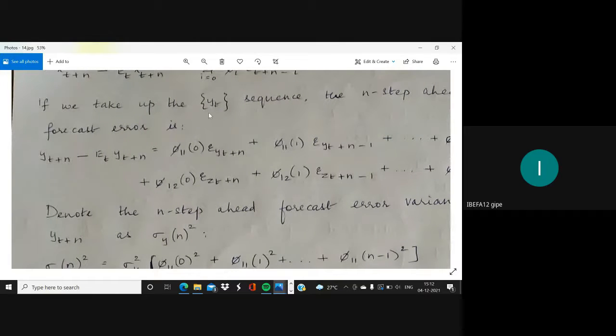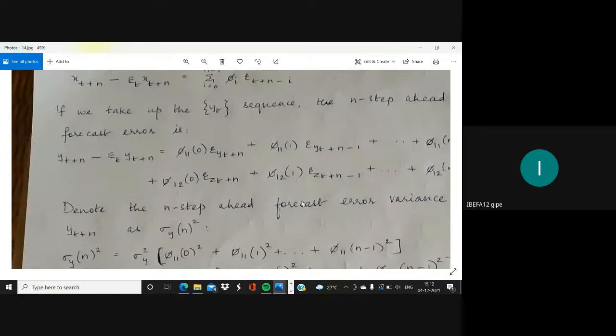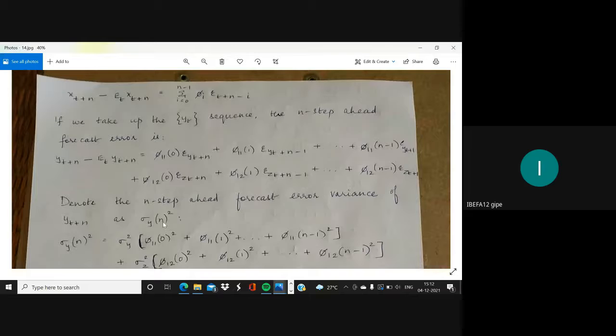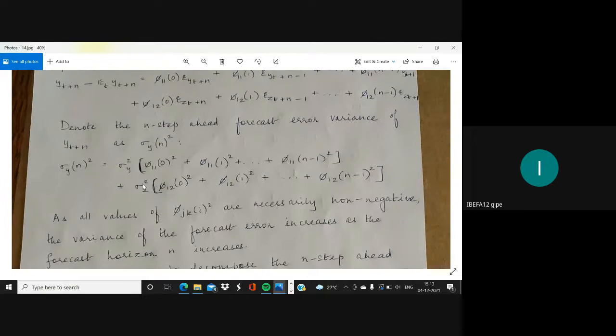If you want to denote the n step ahead forecast error variance of yt plus n as sigma yn square, then we can just take expectations here and find out the forecast error variance. So you'll get this term in brackets and you'll have sigma square y outside the brackets.